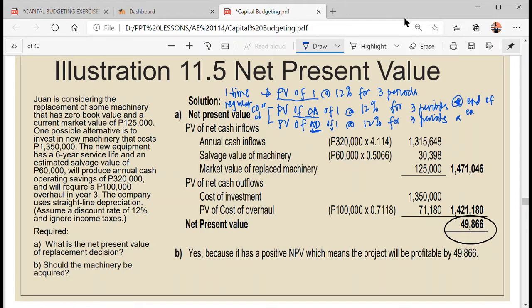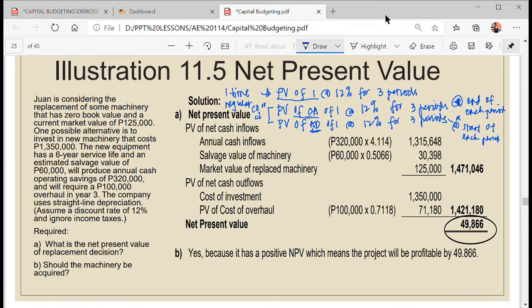End of each period, nimo siya mabayaran or ma-receive. Kani siya, kaning annuity due at the start of each period. For example, ang akong investment kay magbayad ko og 100,000 per year. Okay? Pero ang akong bayad is every December 31.